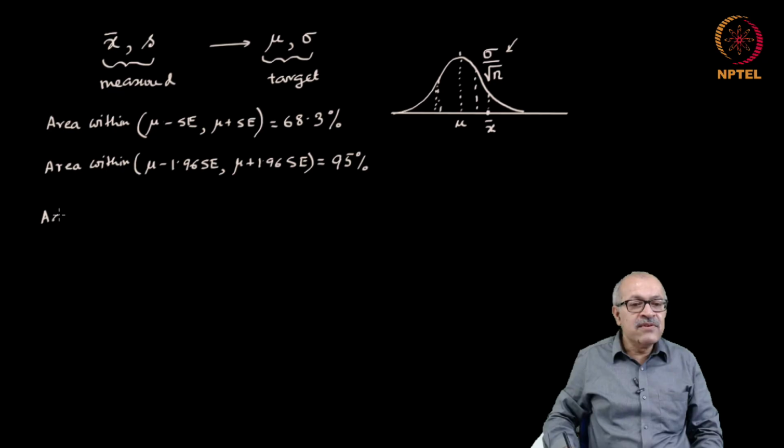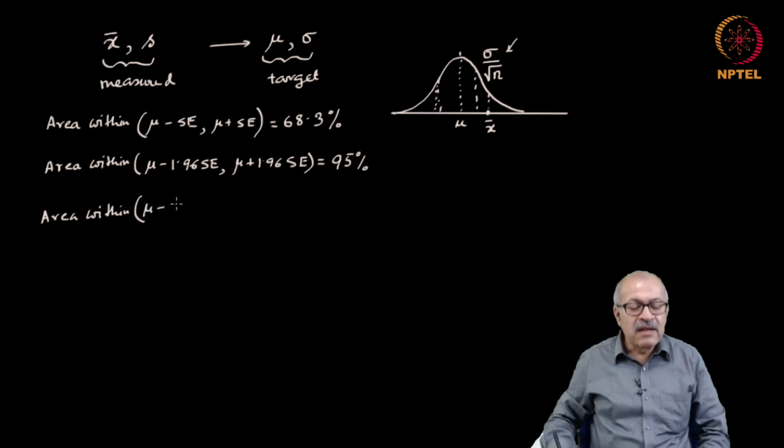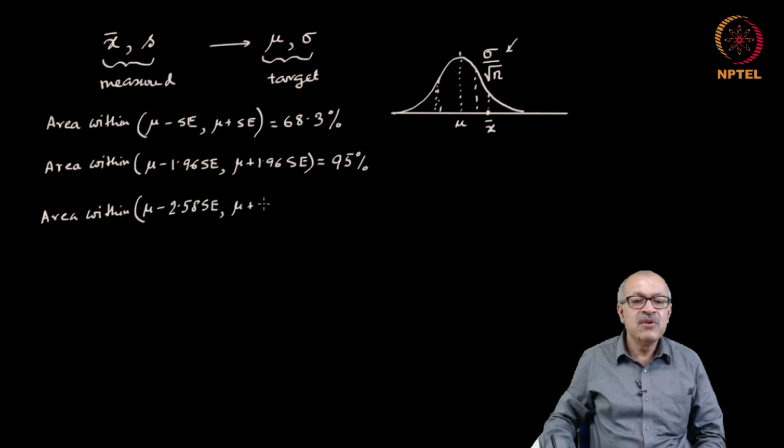And if you want to have 99%, then it is mu minus 2.58 standard error and mu plus 2.58 standard error.